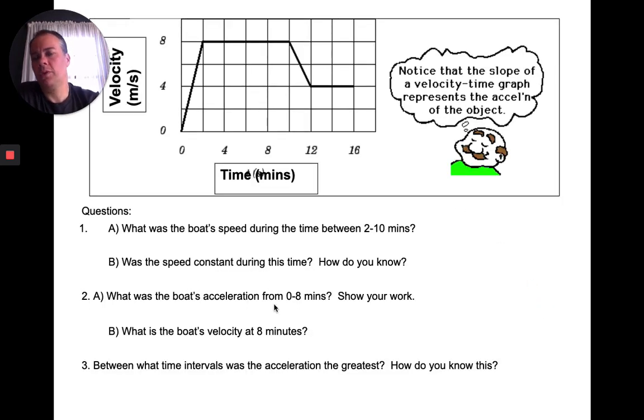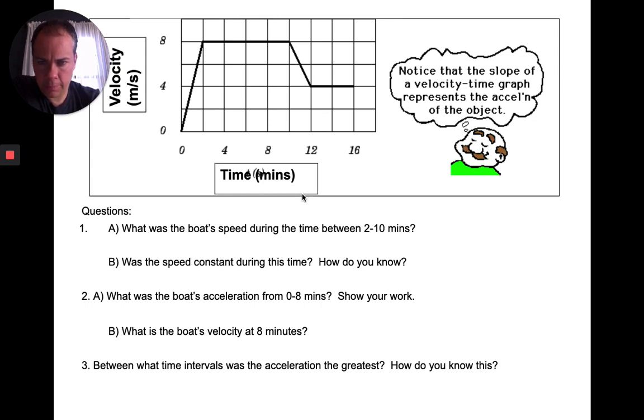So let's look at this graph and we can answer a few questions about it. What was the boat's speed? We're talking here about average speed between 2 to 10 minutes. So we have to look at our graph between 2 and 10 minutes.